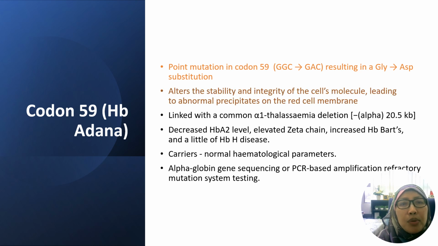These substitutions involve a glycine residue at a point of the E helix that is closely attached to the glycine residue of the B helix. This replacement significantly alters the stability and integrity of the molecule, leading to abnormal precipitates on the red cell membranes, which causes hemolysis and ineffective erythropoiesis.